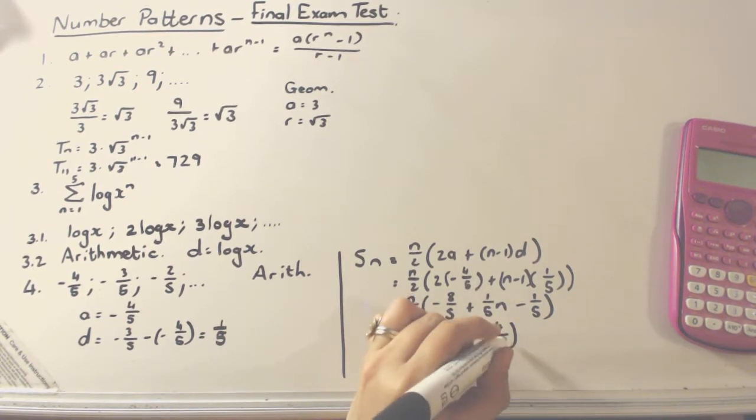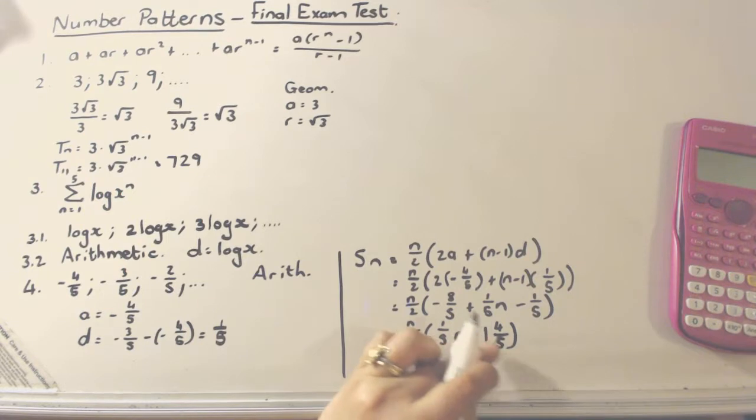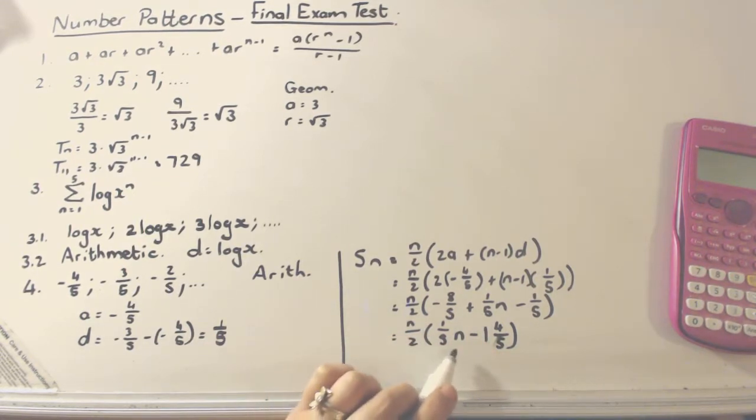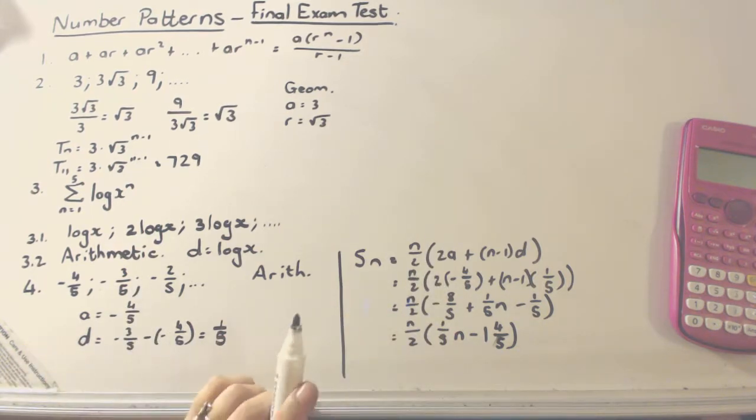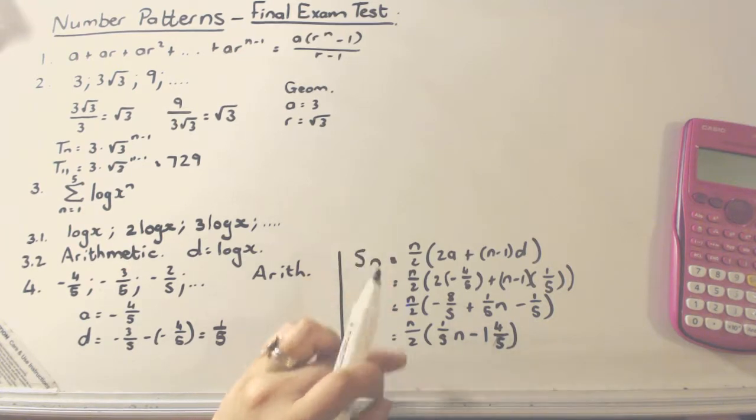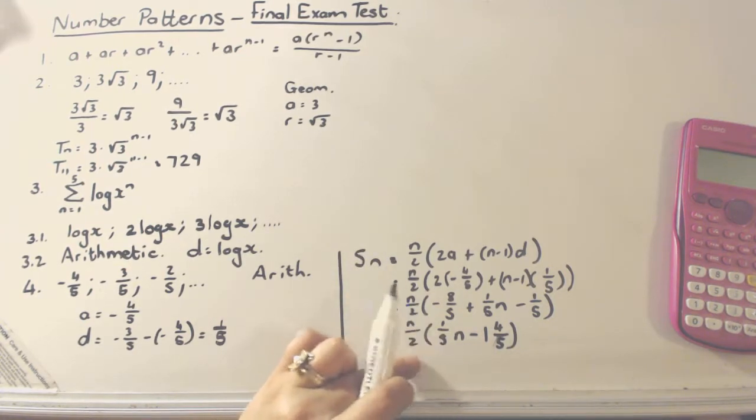If you want to go one step further, simplest form, you might just take this and multiply it in. To decide whether I'm going to do that, I'm just going to look at the amount of marks given. It's 4 marks. I'd say this is fine. And if it was 6 marks, I'd multiply this in also.